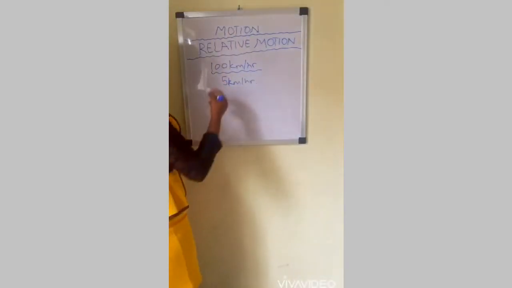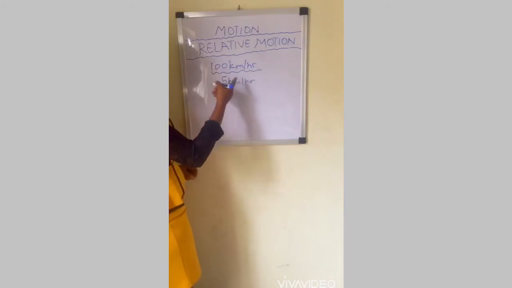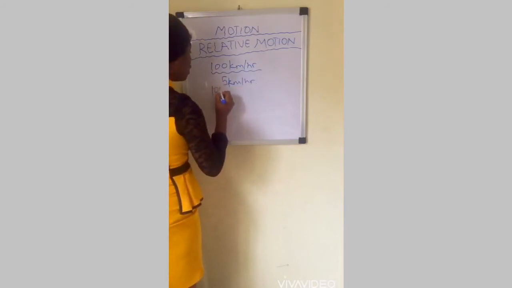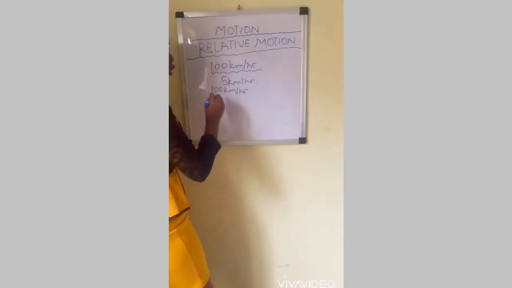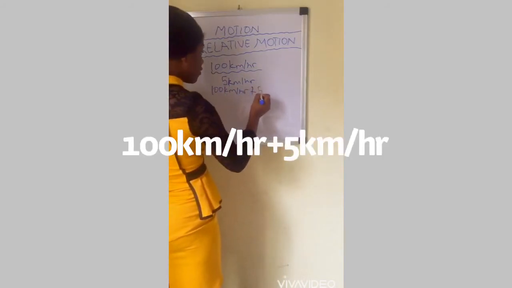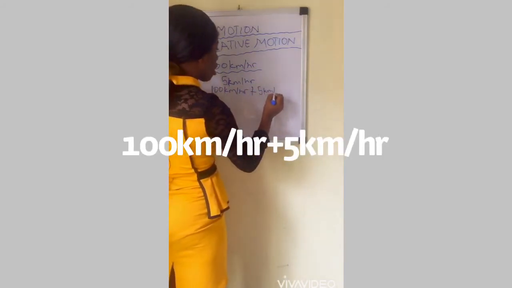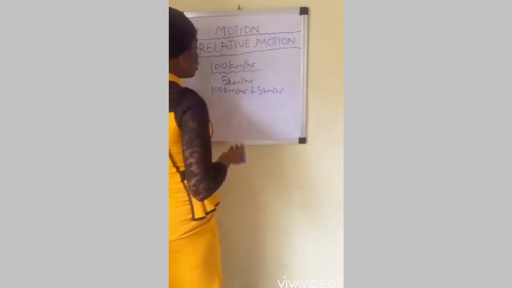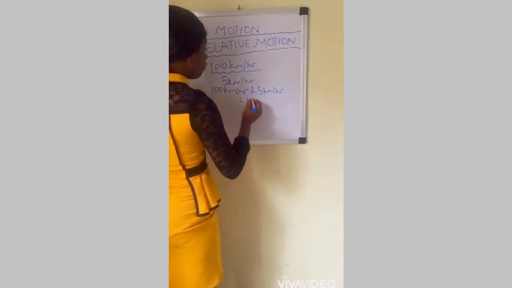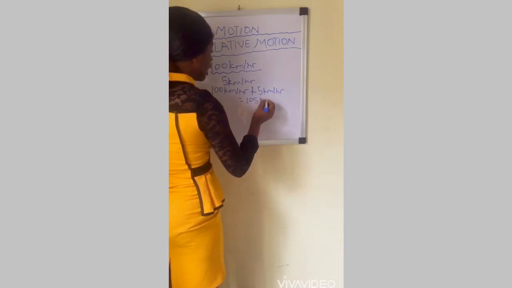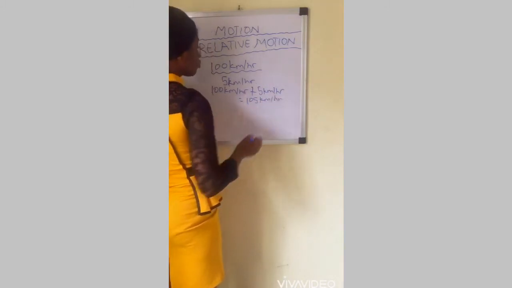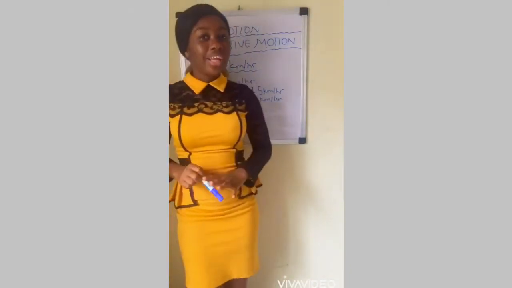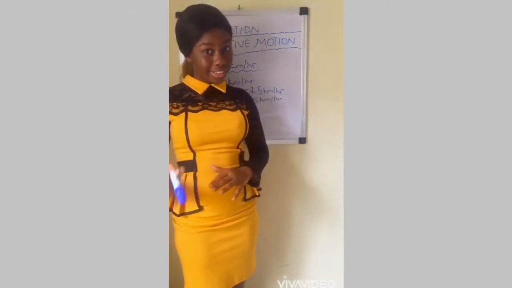So it is no longer 100 km/h, it is now 100 km/h plus 5 km/h, which is 105 km/h. With respect to the earth now, his speed has increased.